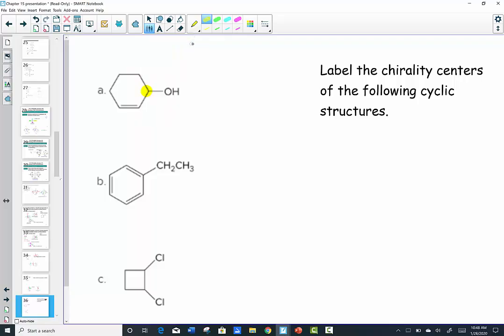So in my first structure, I notice that this carbon highlighted in yellow is attached to a hydrogen, a hydroxyl. Then I notice it's going to go to points of difference. When I go up the chain, the carbon is attached to just the next carbon, and I don't see a double bond. So it's a carbon in a single bond.